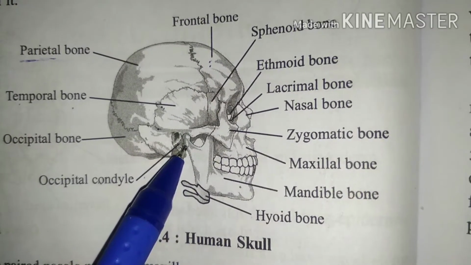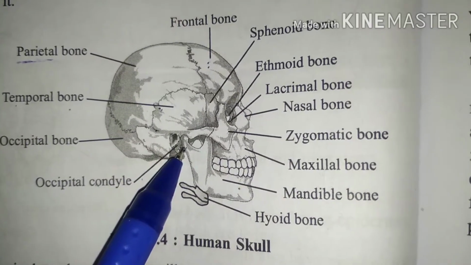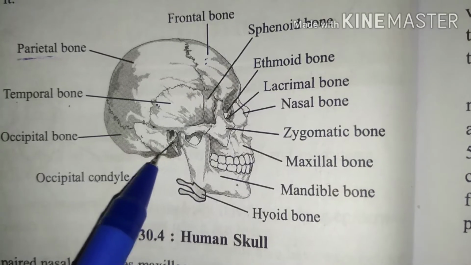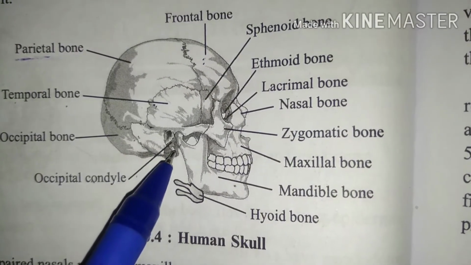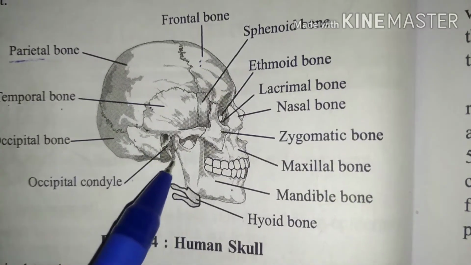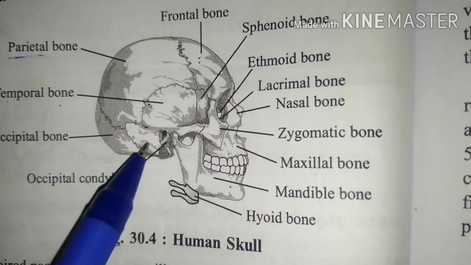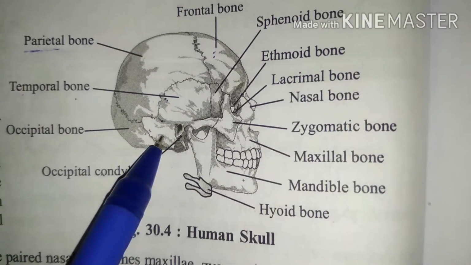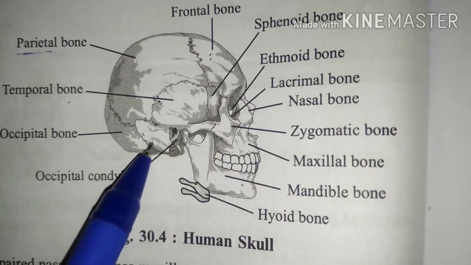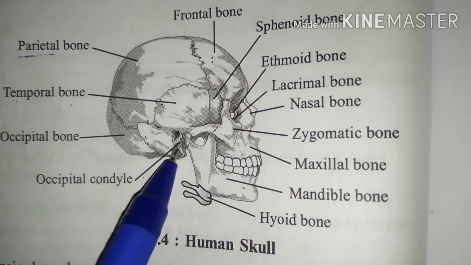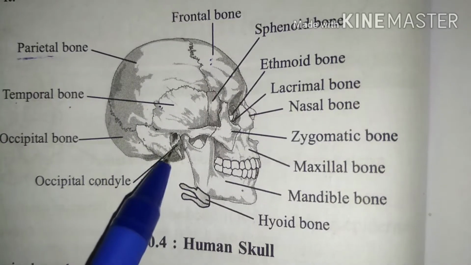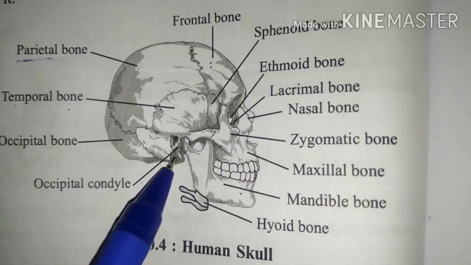There are two facets. Facet means a side, called occipital condyle, on both sides of the foramen magnum. So the skull is dicondylic because in human beings two occipital condyles are present on the occipital bone.